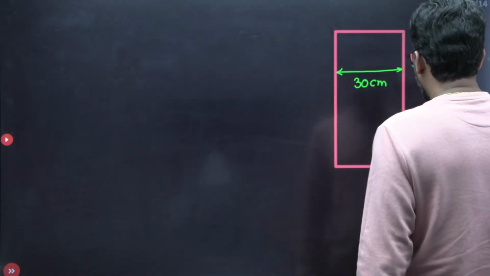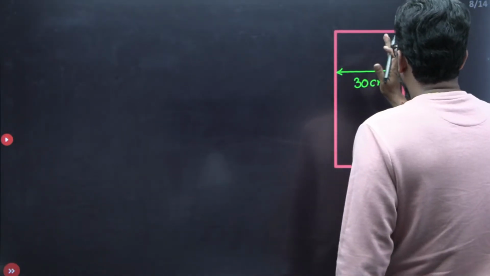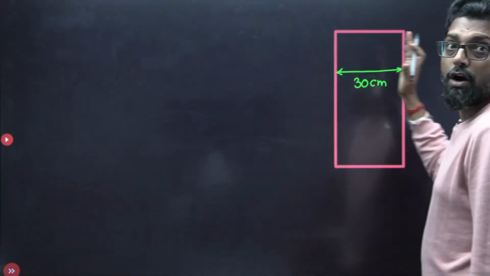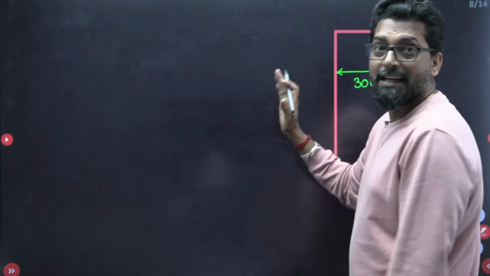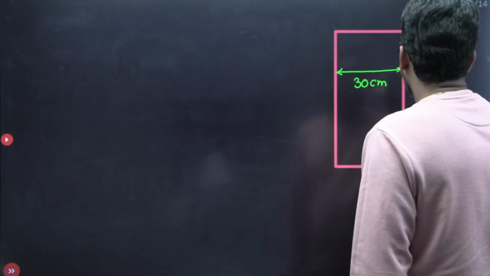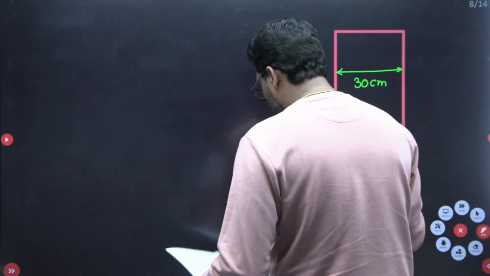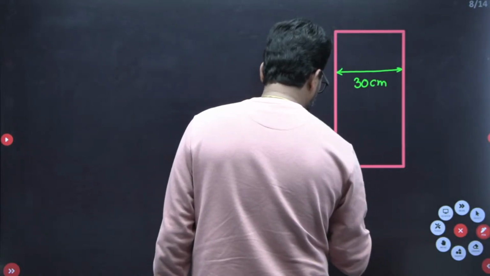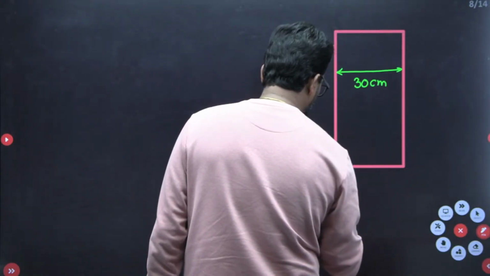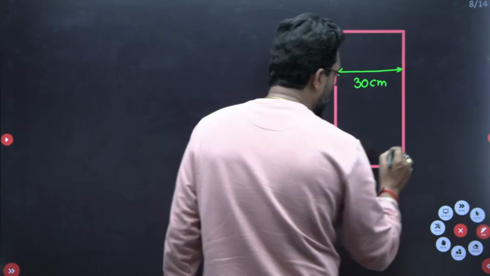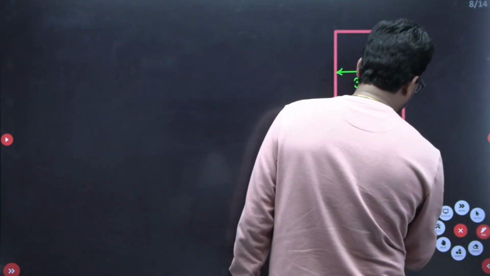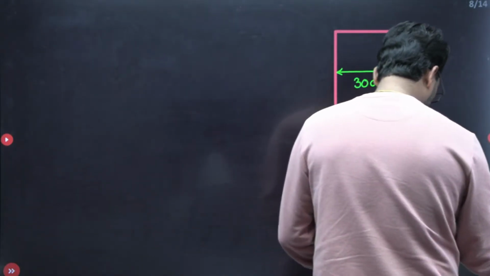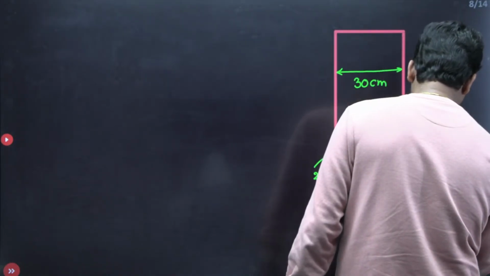So see, my dear, this is your inside and this is your outside. The inside wall temperature is given as 20 degrees centigrade, and the outside wall temperature is given as 5 degrees centigrade.